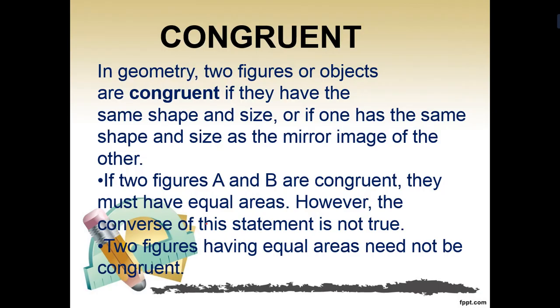Now we go for the topic. One of the important topics is congruence. In geometry, two figures or objects are congruent if they have the same shape and same size, or if one has the same shape and size as the mirror image of the other.